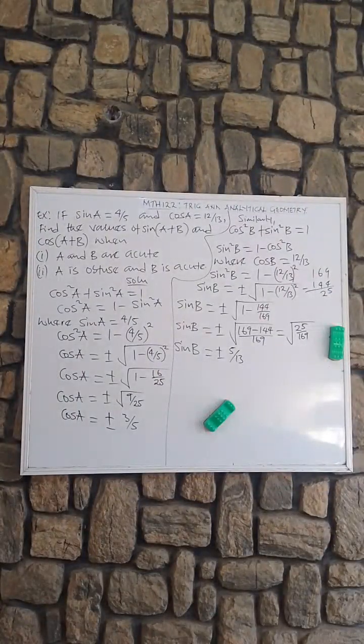So, at this point, sine B is acute. Since sine B is acute, B is acute, right? So hence, let's move further to answer I, then II.